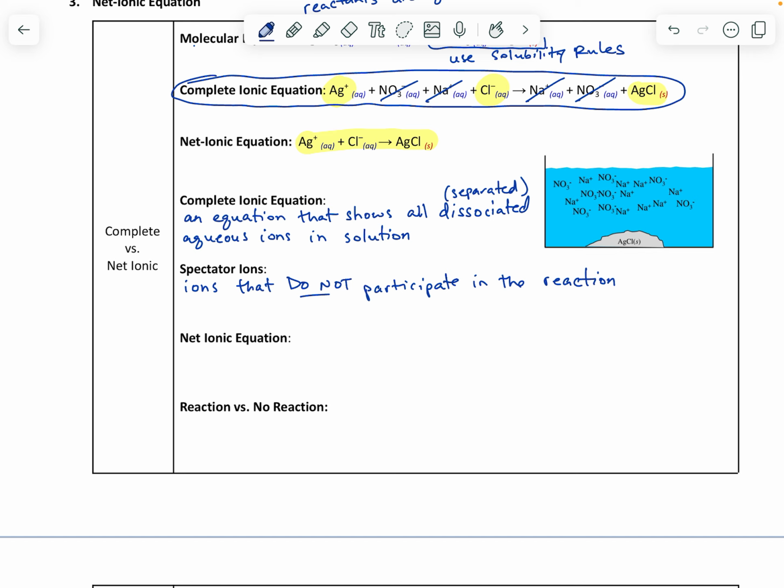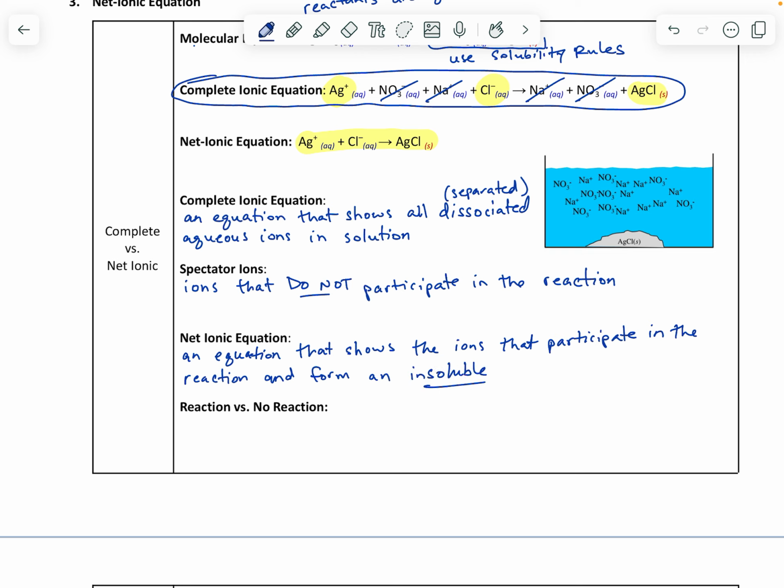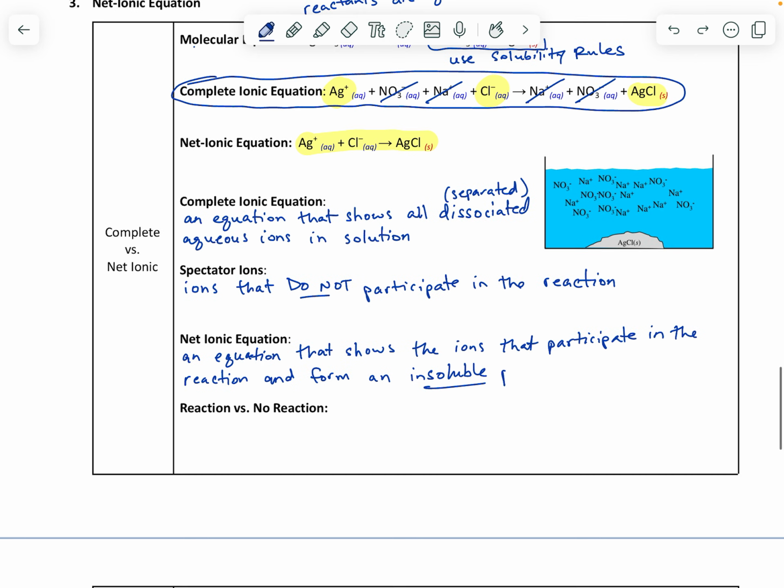So the net ionic equation shows, and let's start with the wording that I had before, it's an equation, a chemical equation, that shows the ions that participate in the reaction and form an insoluble product.